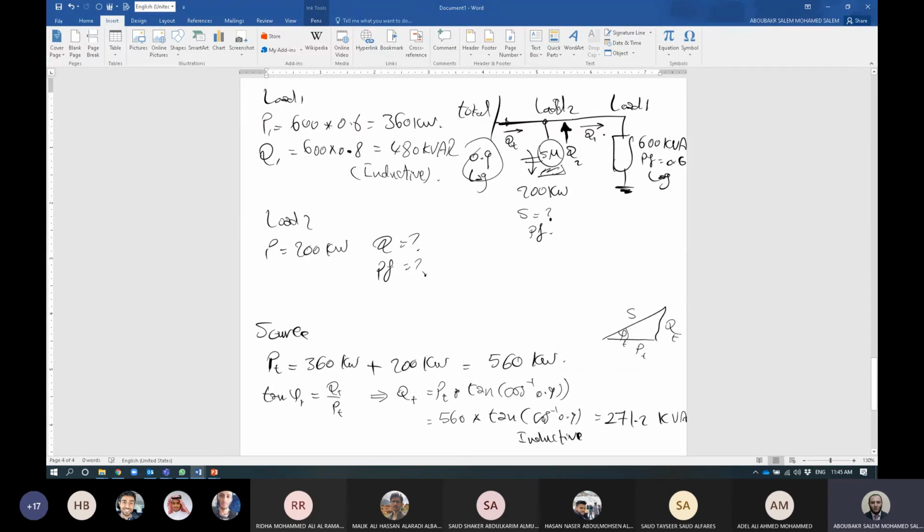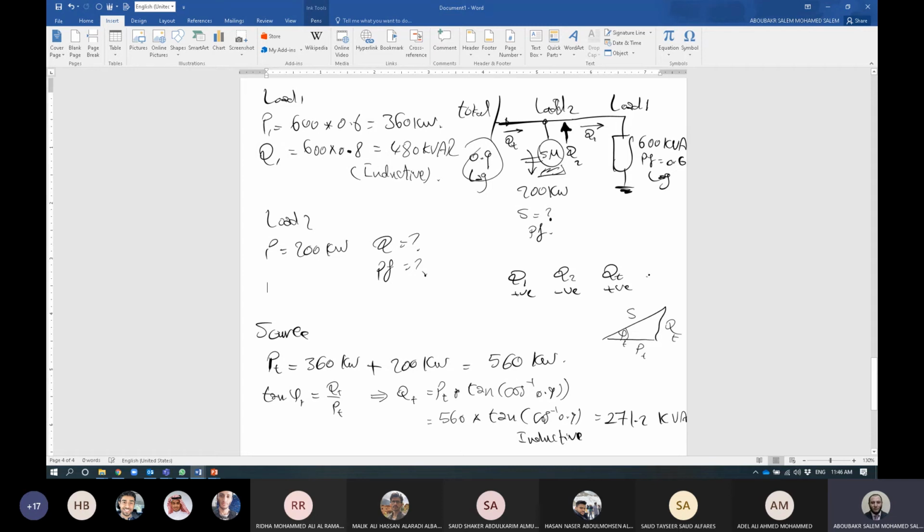If you would like to make an equation now, follow the arrows of each Q. So we can say now, like Kirchhoff's current law, Q2 plus Q total equals Q1. If you would like to make an overall relation based on the directions as lagging or leading, assume positive for lagging, so Q1 is positive, Q2 is negative, Q total is positive.